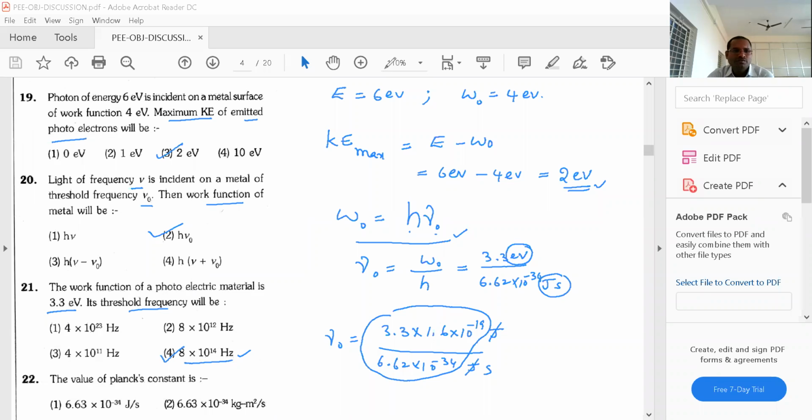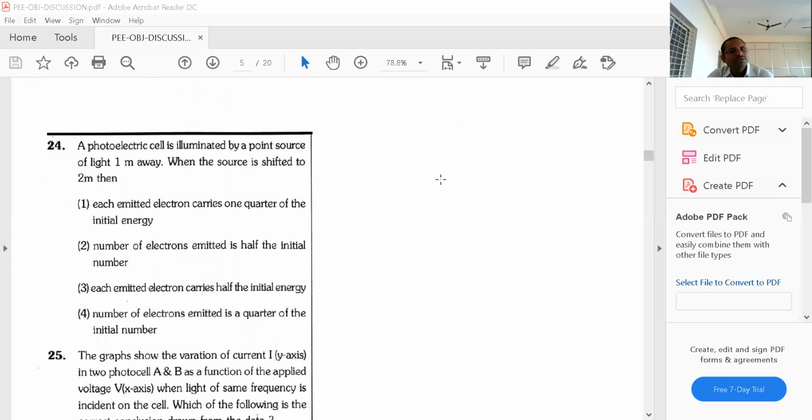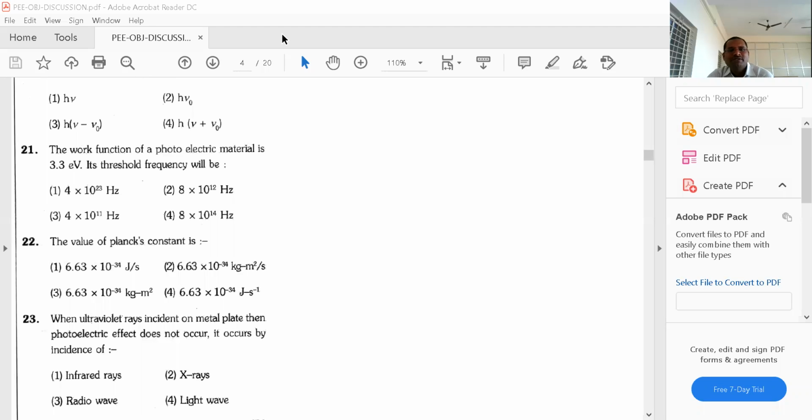Next, 22. Question number 22, easy question. They are asking, what is the value of Planck's constant? The value of Planck's constant is 6.63 into 10 to the power of minus 34 joule second. All options are 6.63 into 10 to the power of minus 34, all the same, but the unit is different. The first unit is joule per second, so it is wrong.